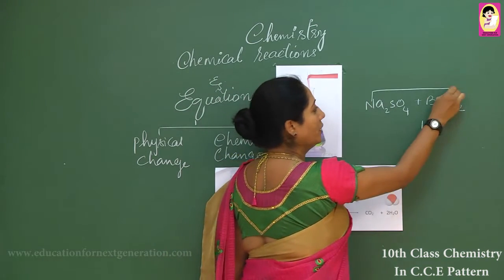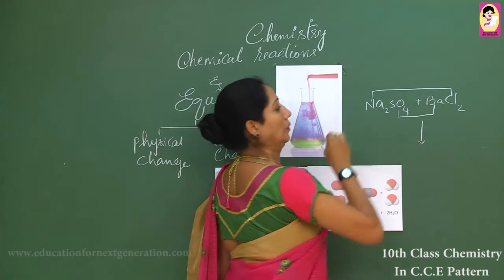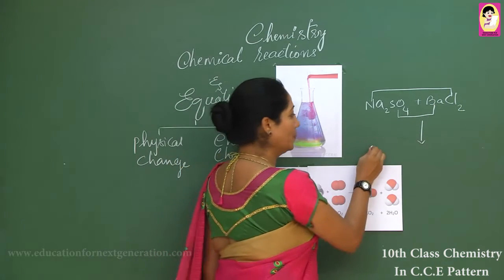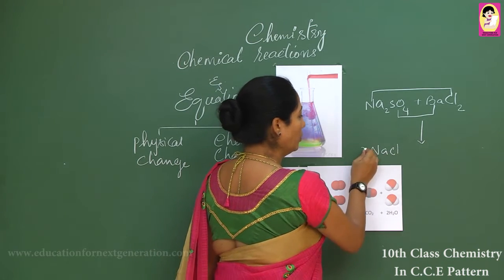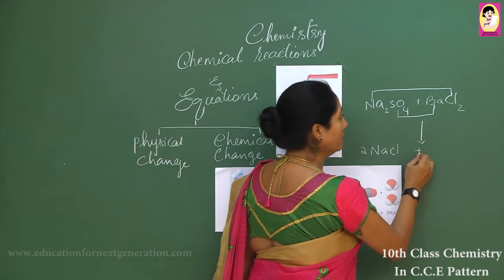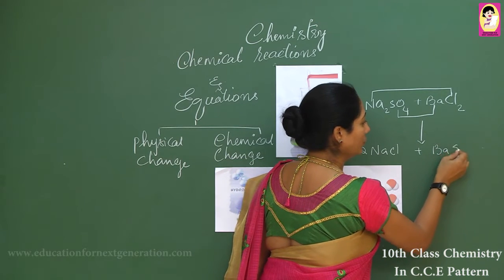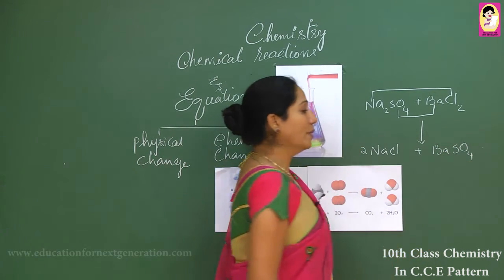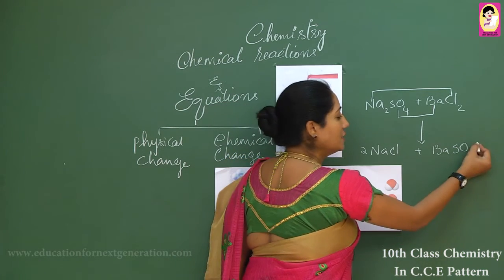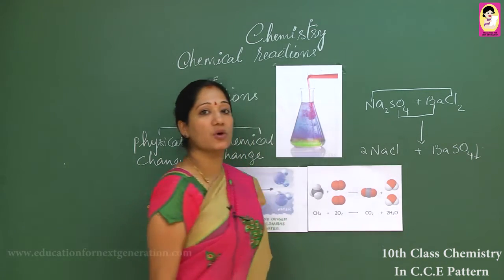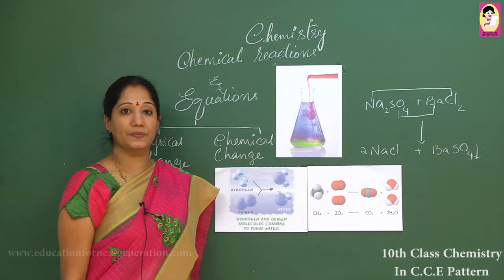A new component is obtained, giving rise to sodium chloride plus barium sulfate. Now, because the barium sulfate is insoluble, it is giving rise to a substance which is called a precipitate.